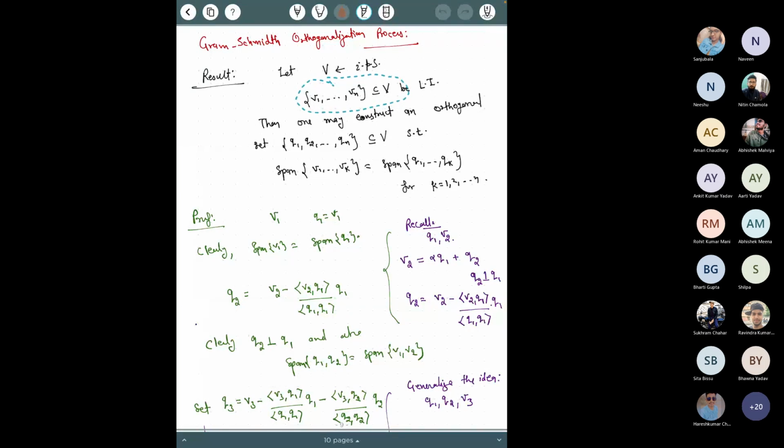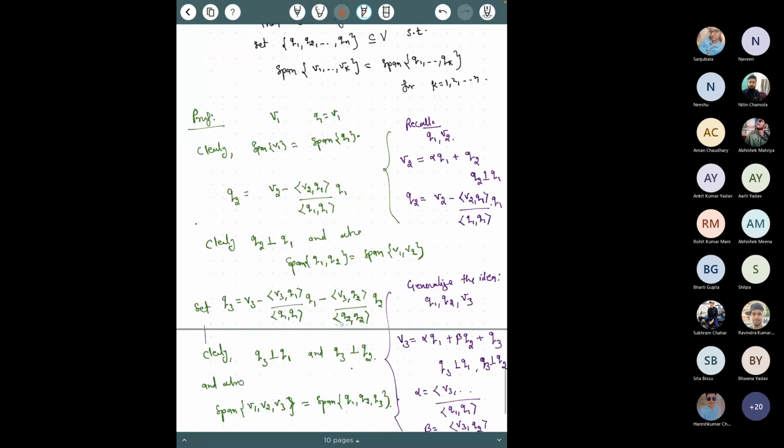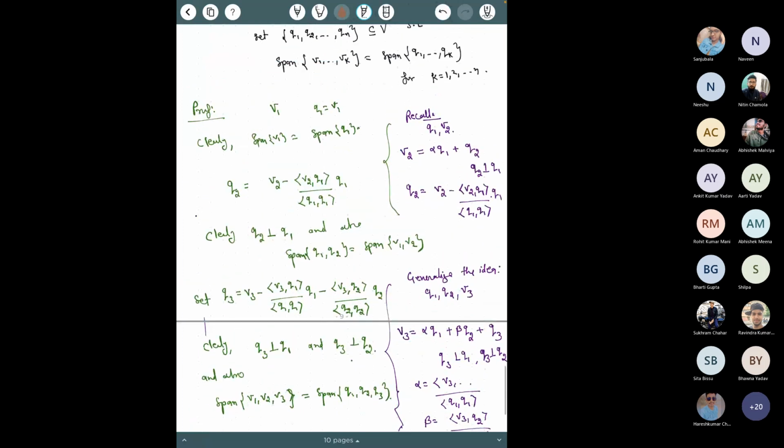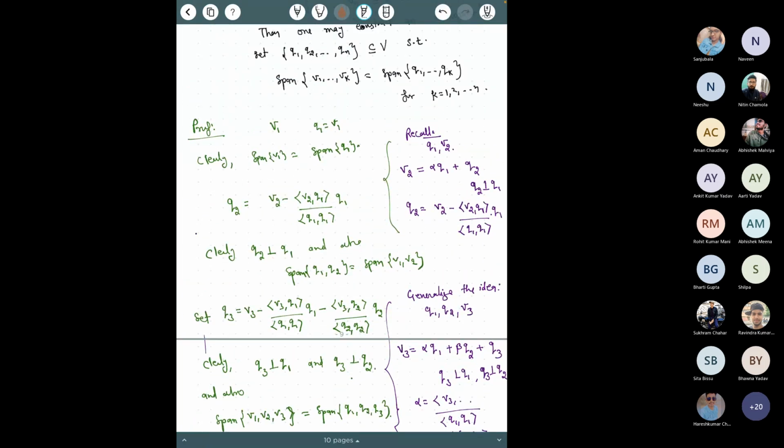So let's say V1 to Vk are linearly independent, but Vk plus 1 is in the span of V1 to Vk.